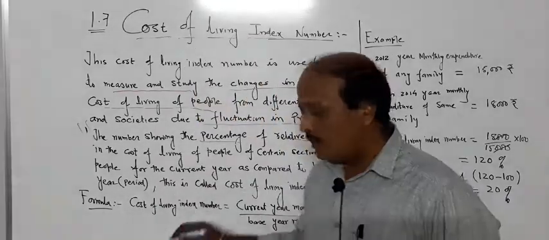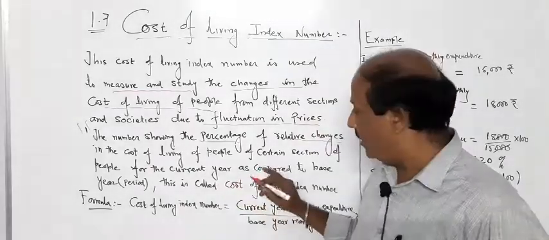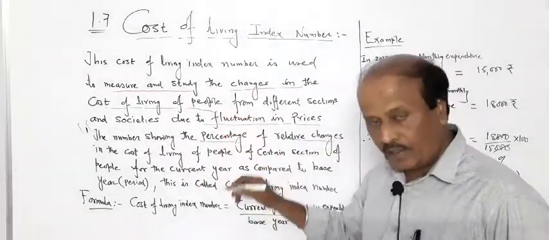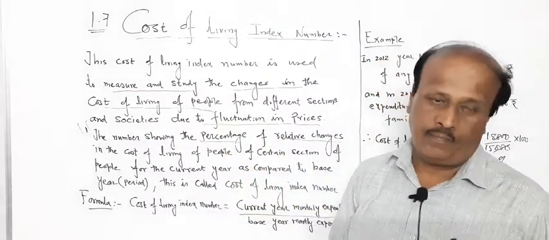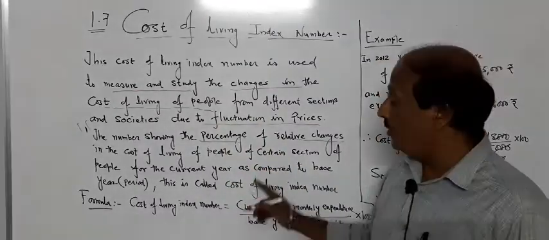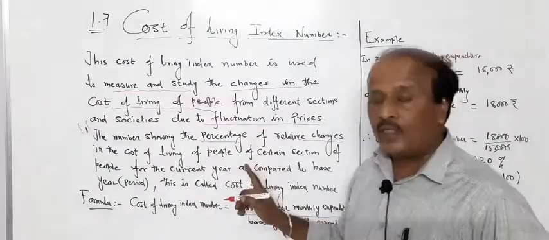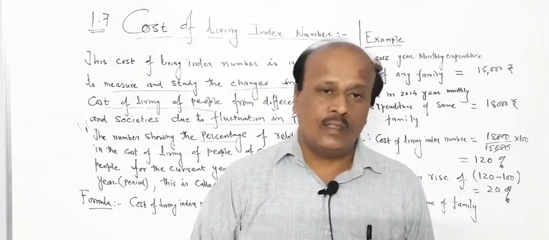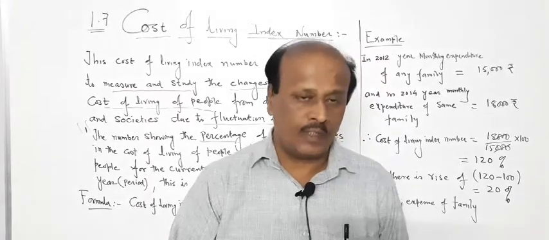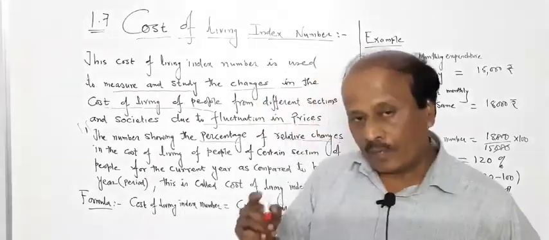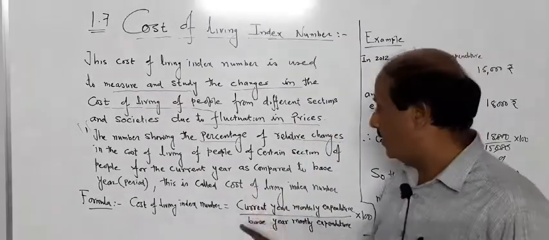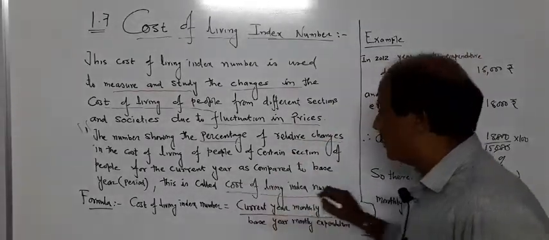So the current year's expenditure and the base year's expenditure, their ratio multiplied by 100, the percentage change in the relative values of expenditure of any family, section or society, the relative change in the expenditure of that family in a current year with respect to any base year or base period is called the cost of living index number.